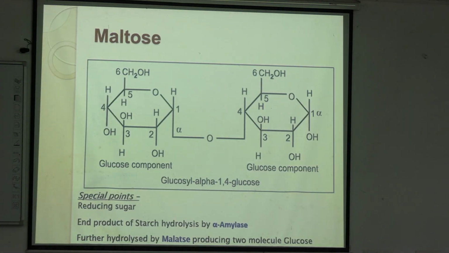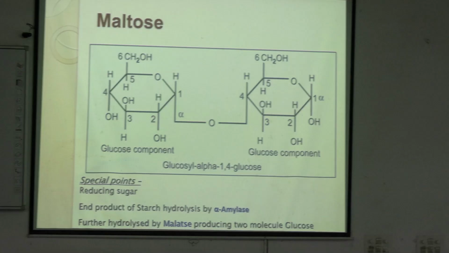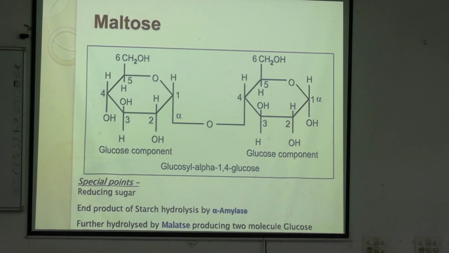Next, maltose. Maltose is another disaccharide. What are the components of maltose? Glucose plus glucose. So maltose is nothing but the end product of starch hydrolysis by alpha amylase. Starch is a polysaccharide of glucose. So after hydrolysis of starch by the enzyme amylase, such disaccharide compounds may be formed.